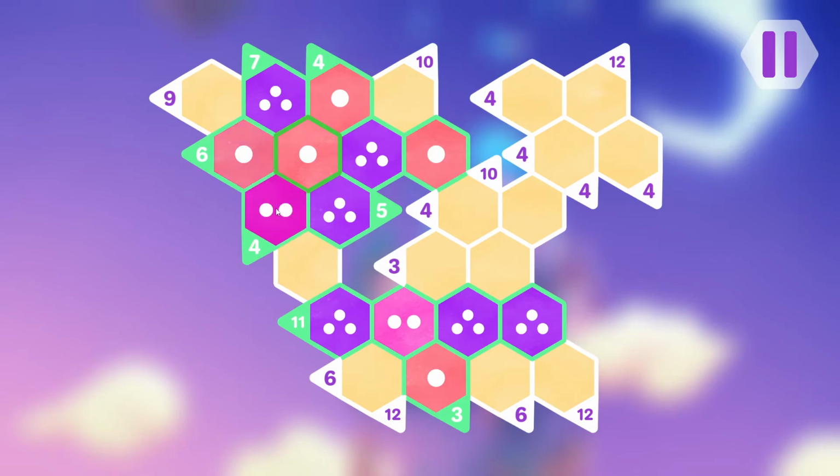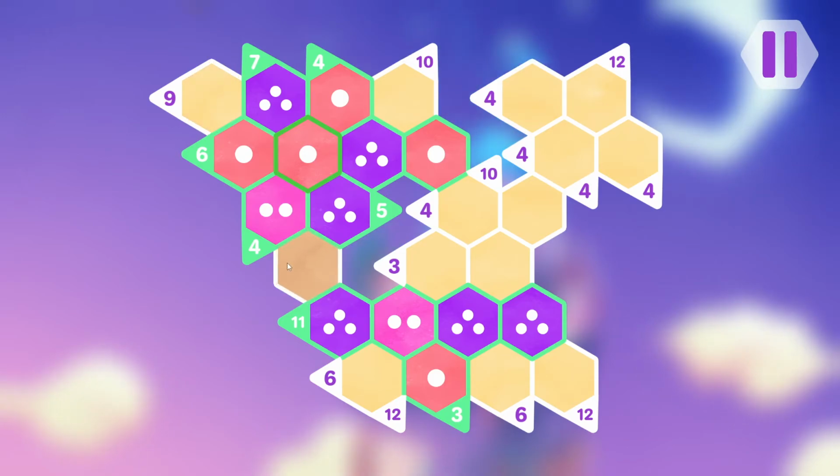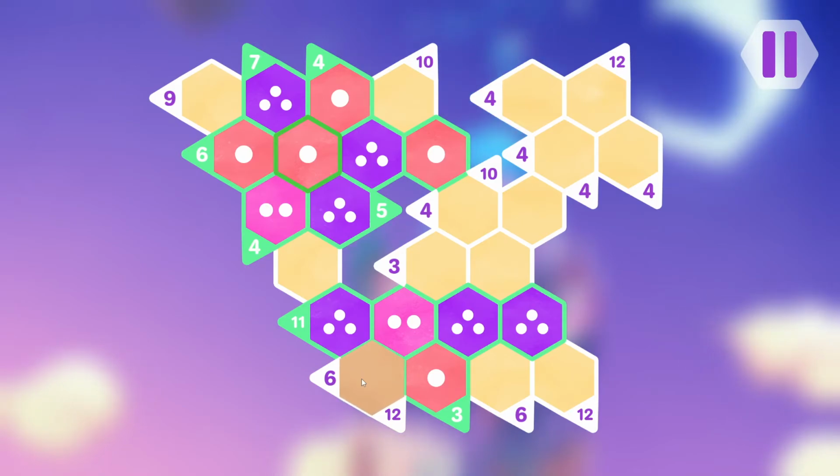And we have like 6 already, and those 3 give us 6 in total. Since this one is greater than this one by 1, it means that this one is even. No, it's odd. It can be only 1 of 3.